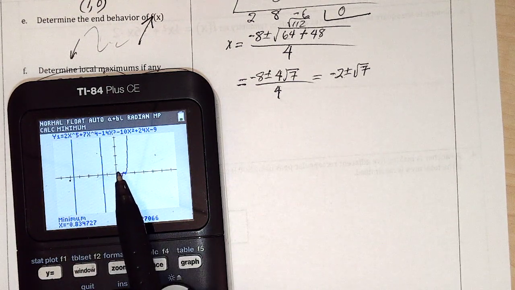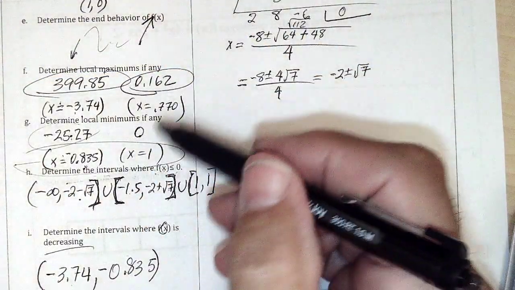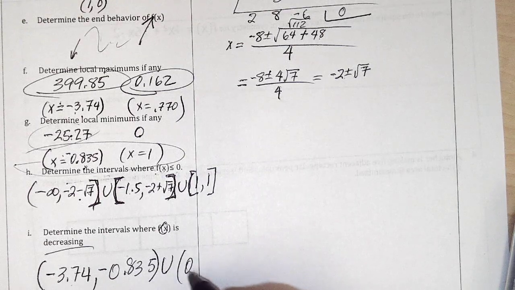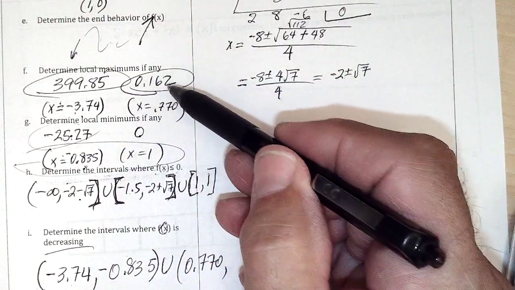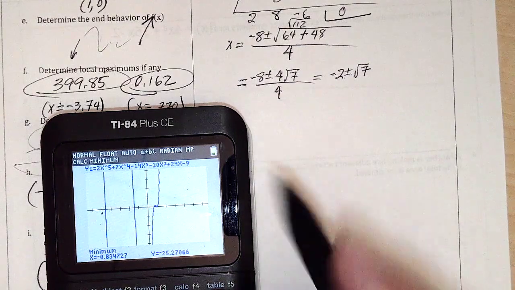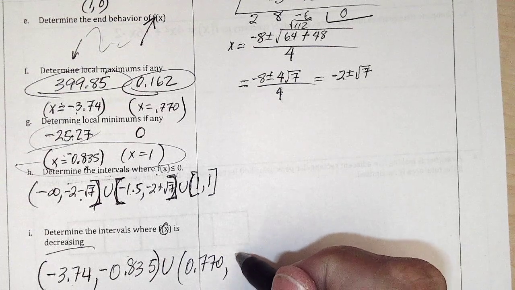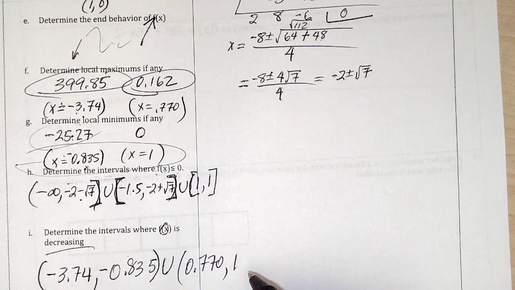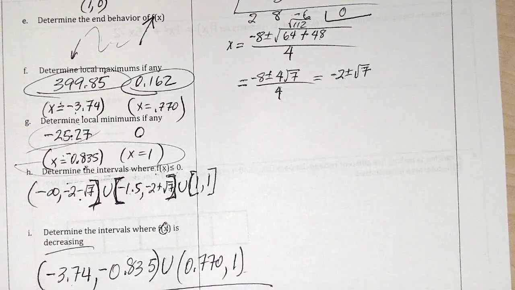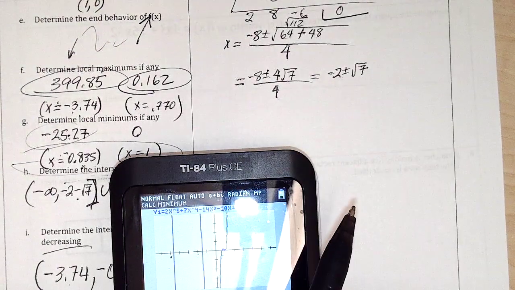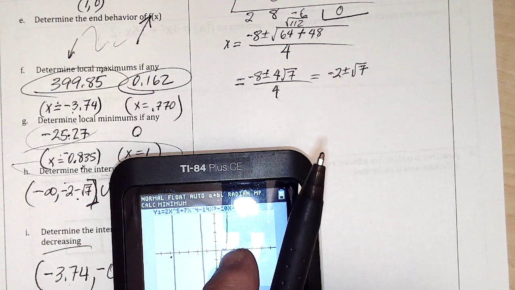Then it increases all the way to where that max is, and that max happened at 0.7770, and it got up to that height, and then it dropped down to 0 at 1. So from 0.777 up to 1, it was decreasing. At 1, it changes to increasing. So there's the answer for where it was decreasing. It was decreasing on this piece, and it was decreasing on that little piece there.